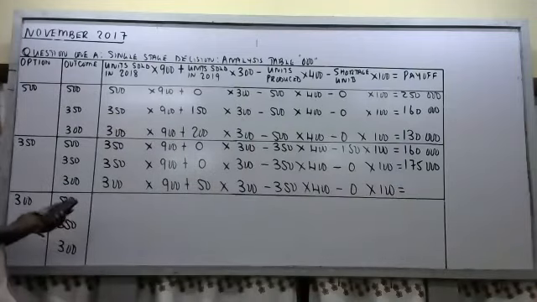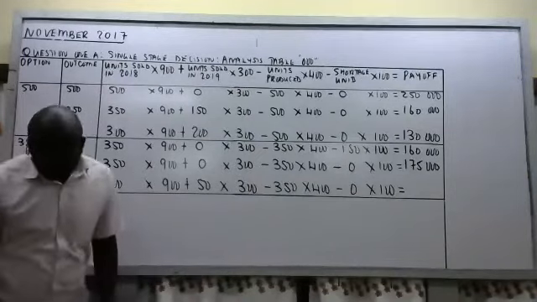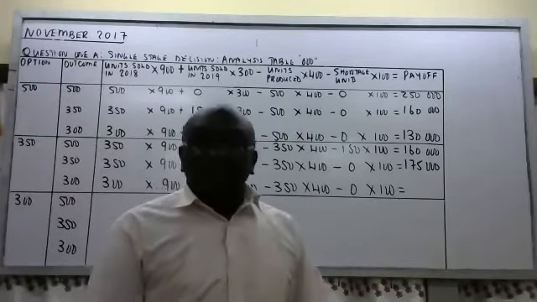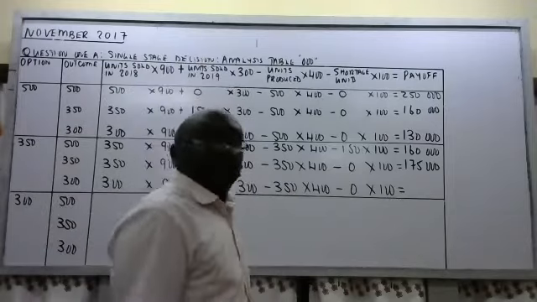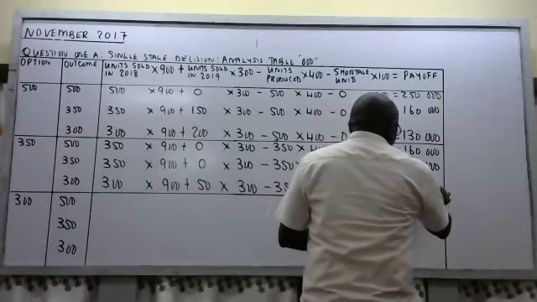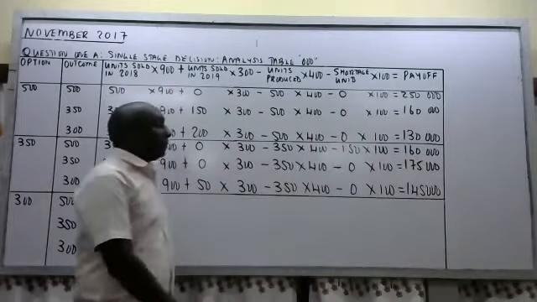So you have 300 times 900 plus 50 times 300 minus 350 times 400. What is the amount? Yeah, Churchill, I can see even Ivarin. June, have you confirmed 145? 145,000.